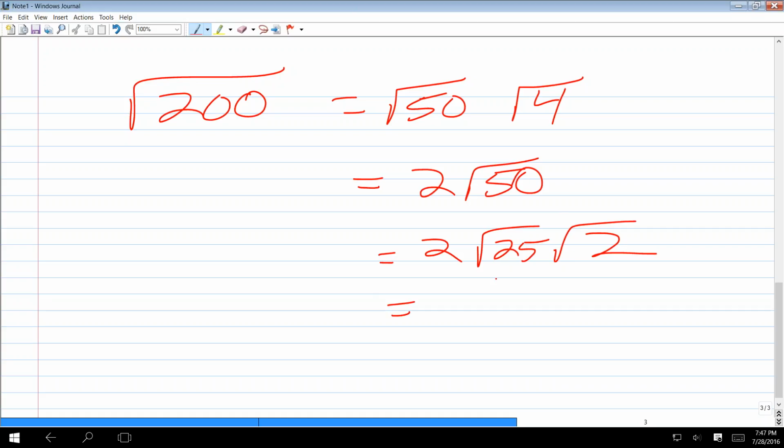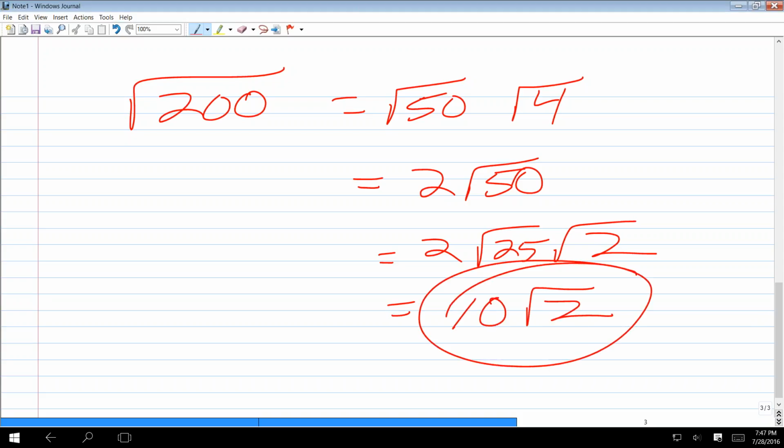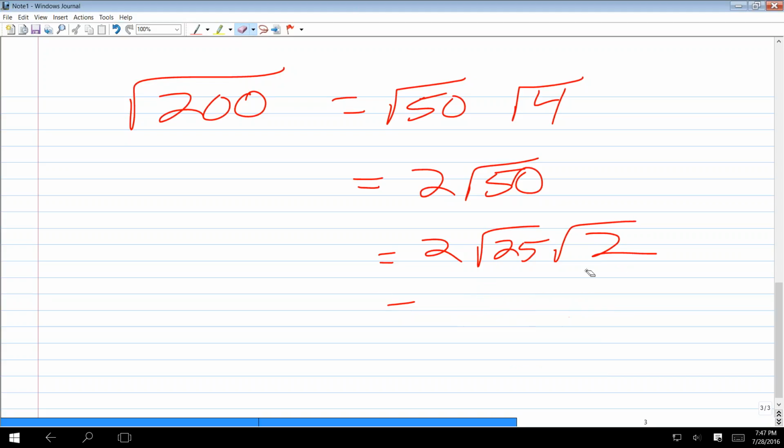Square root of 25 is 5. 5 times 2 is 10. So I get to the same answer. It's always going to be the correct answer. It doesn't matter how you do these problems. You get to the same answer every time. It's just a question about how quickly you do it.